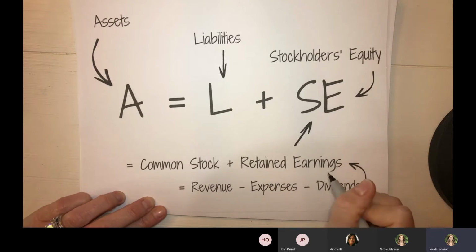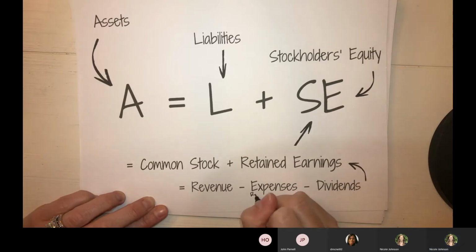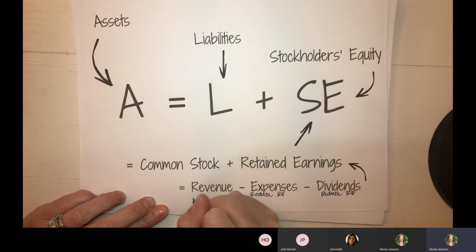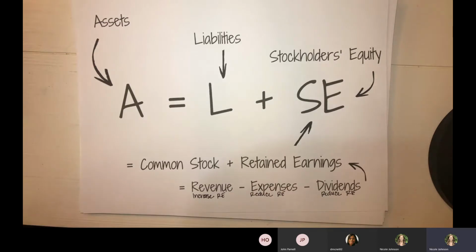Expenses and dividends reduce retained earnings. And revenue obviously increases retained earnings, okay? So let's go back to what we already know.